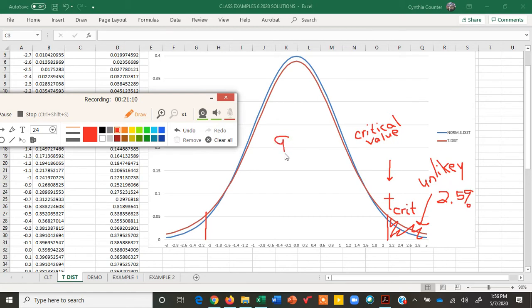And then here's our middle 95%, which is our confidence level, because this here is defining the likely values. All right, so that t-score that separates the unlikely values from the likely values is called a critical value. So it's T, and we can subscript crit to say T critical.